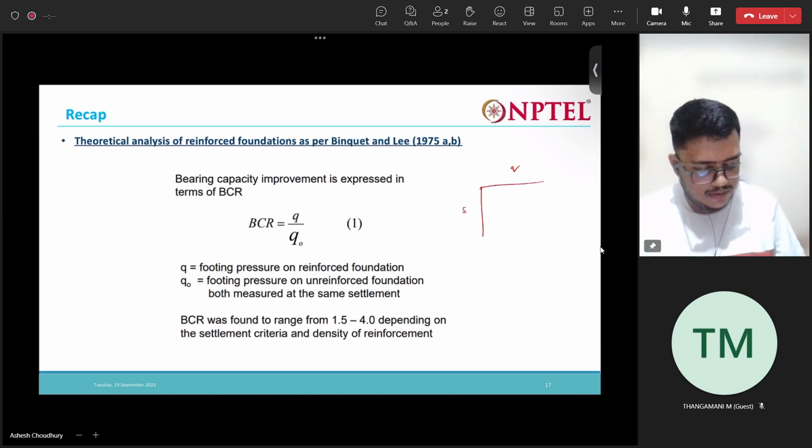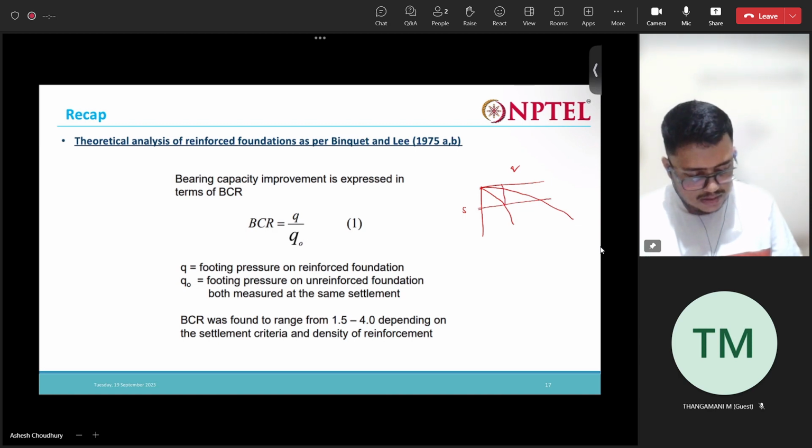For unreinforced it is like this, and for reinforced it is something like this. At the same settlement, what are the pressures? Say this is Q naught and this is Q. This is unreinforced, this is reinforced.